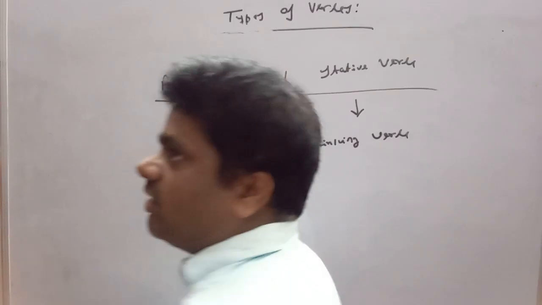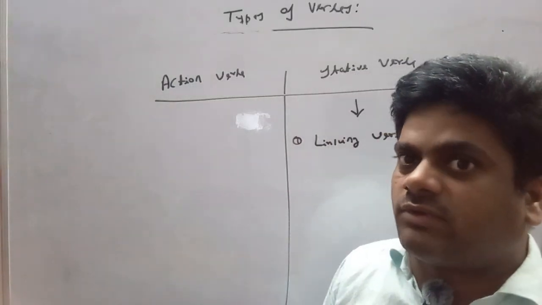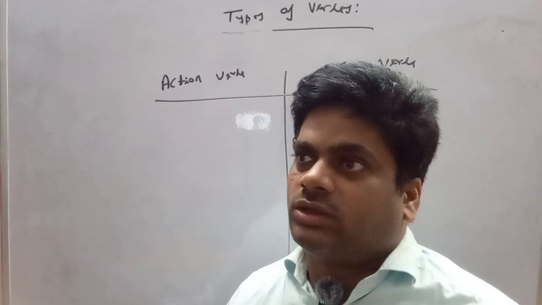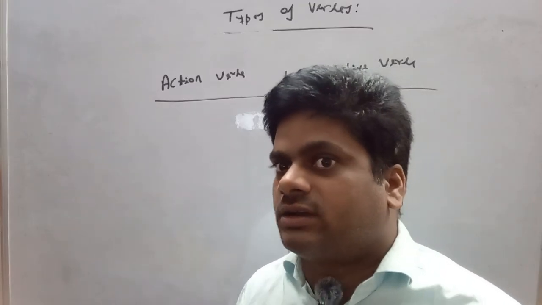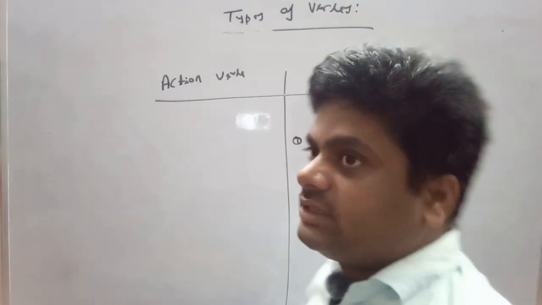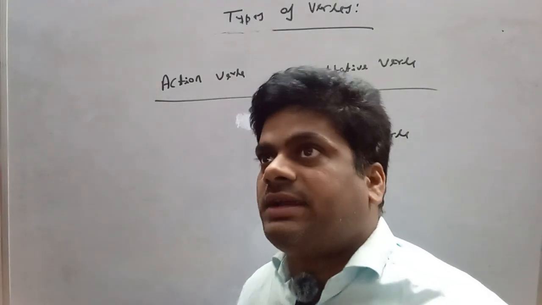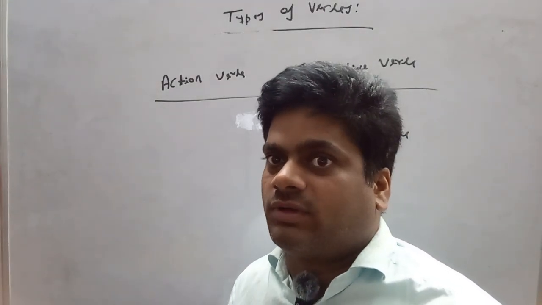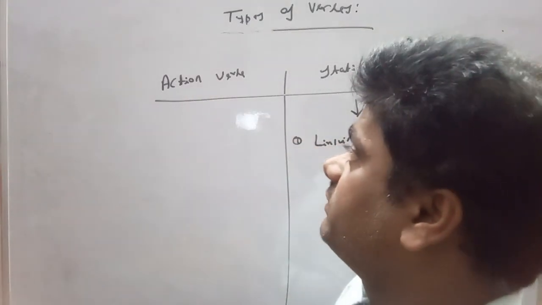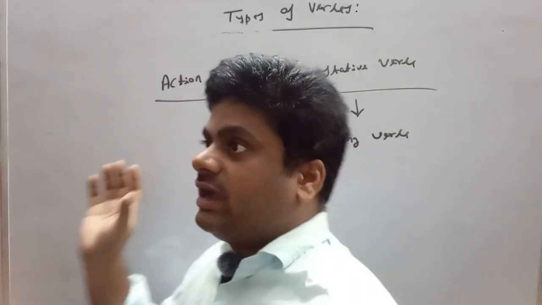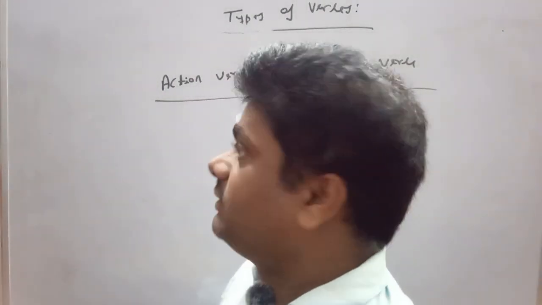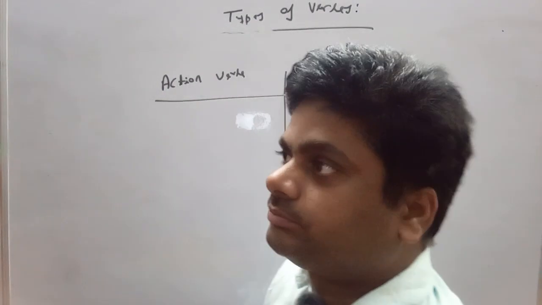Linking verb also is a type of verb which shows a connection between the subject and its complement. But in case of stative verb, we find the state or position of the subject in a sentence. But in case of action verb, we would find an action which is supposed to happen by the subject in the sentence.